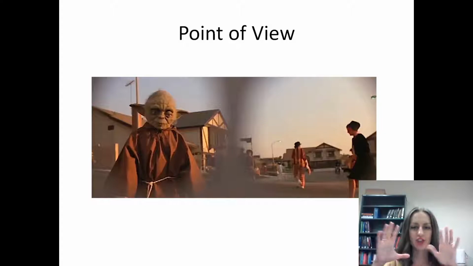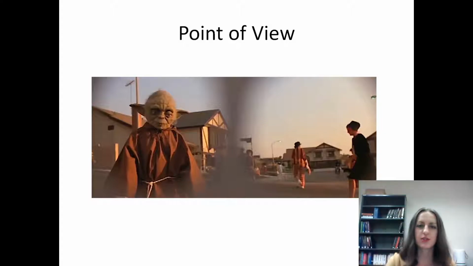So we have this shot from E.T.'s point of view, looking out through his ghost costume. So you see here, these ovals are the eyes of the ghost costume, and we're seeing the world through E.T.'s eyes. So this is a way for the viewer to connect with E.T. and to see the world through his point of view.